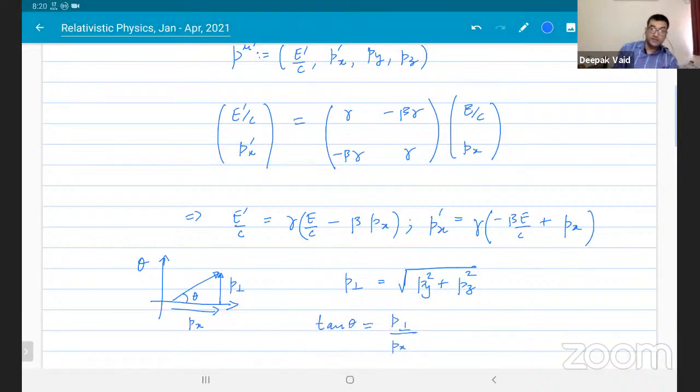In Steen's case, py is equal to p perpendicular.